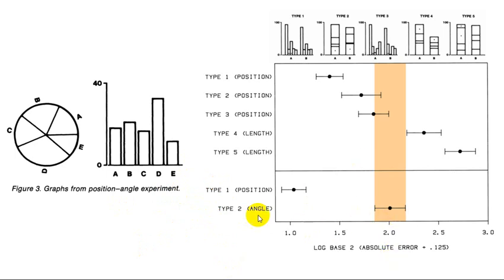So if you look at it here, type 1 is position along the scale, and then angle is the pie chart. So that falls right in here. So it did a little bit better, actually quite a bit better, than having to compare the lengths like this, which I think is pretty interesting.